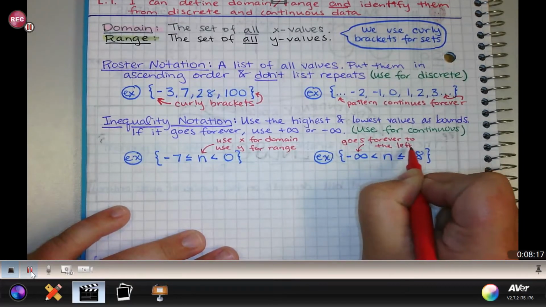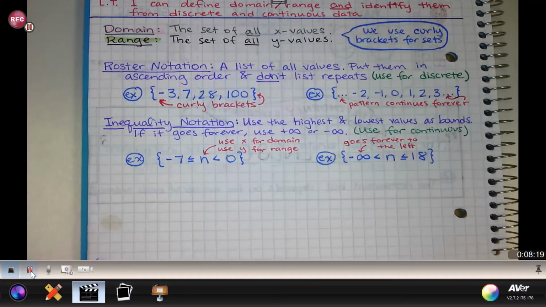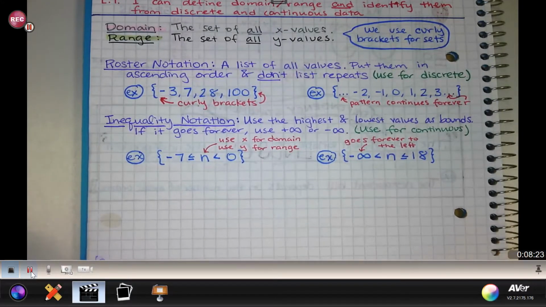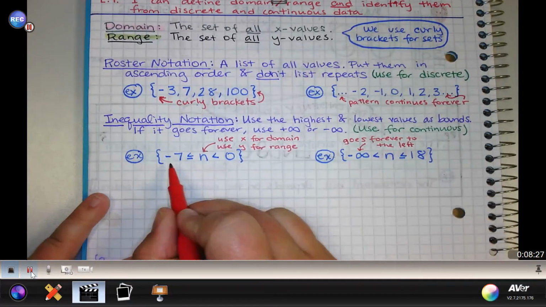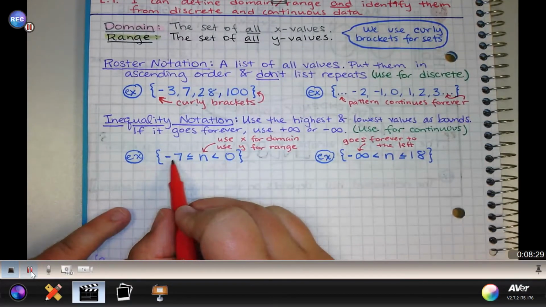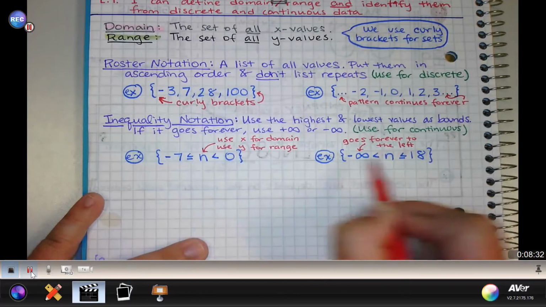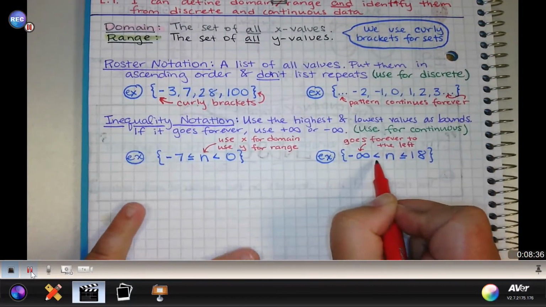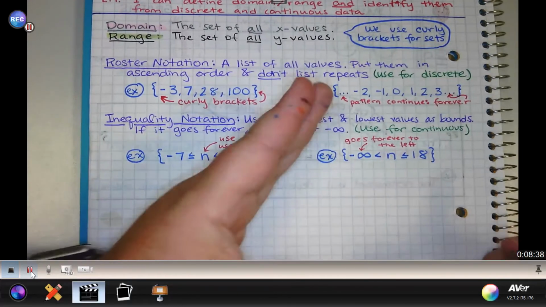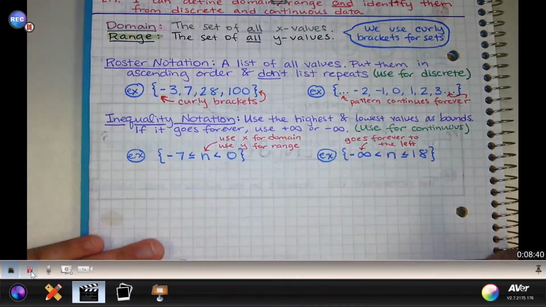Now, there's one more thing we need to pay attention to in these examples, and this part will come back, so you don't need to worry a ton about it. But if you look at these inequalities, they all should open to the biggest number, right? So of these, the biggest number is 0, and they all open towards it, like nom nom nom. Same thing over here. The biggest number is 18. These are all nom nom open to that, okay?